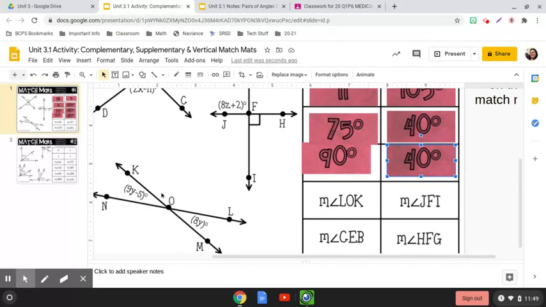What it does have is it forms a linear pair with this angle right here. And we know that the angle of KON is 40 degrees. And we don't know the measure of LOK, but we'll just call that K.